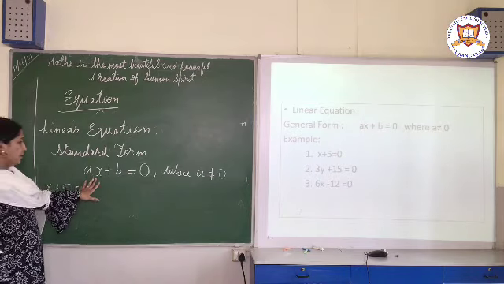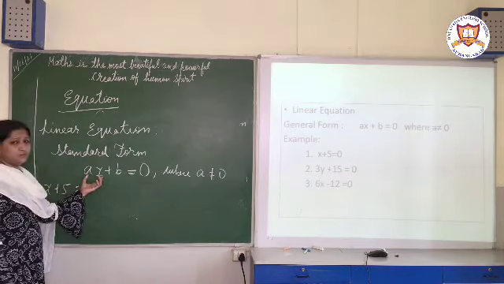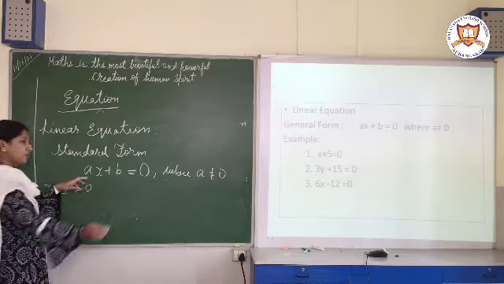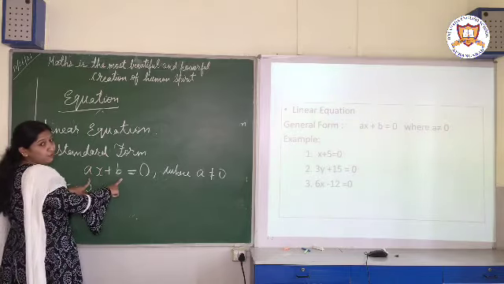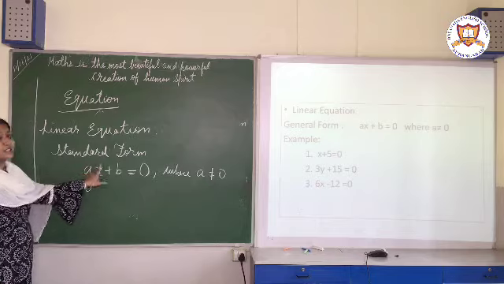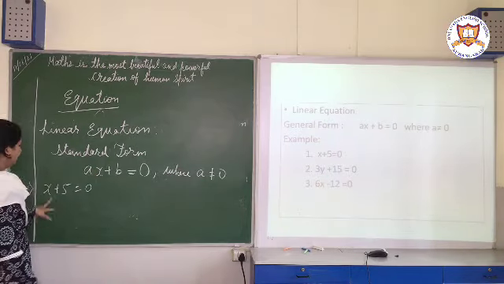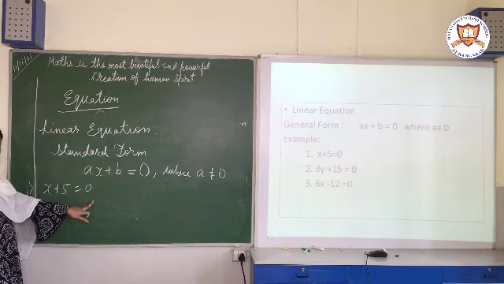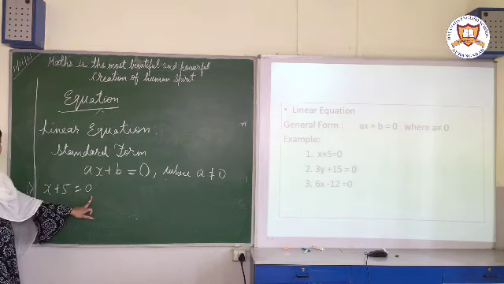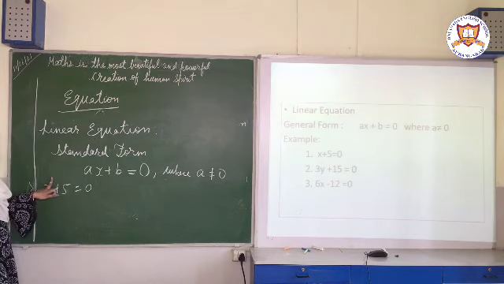So if you see here the power, why it is called as a linear equation, though it is presented in this standard form, but if you see its higher power of the variable is 1. Okay, so is it a linear equation? Yes, it is a linear equation. Why? Because its power is 1.